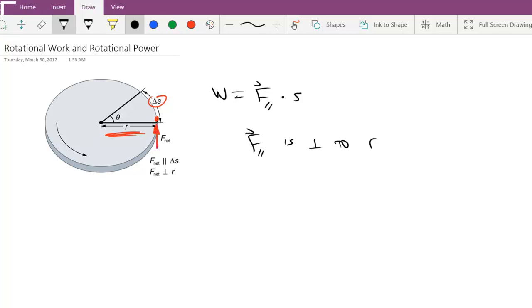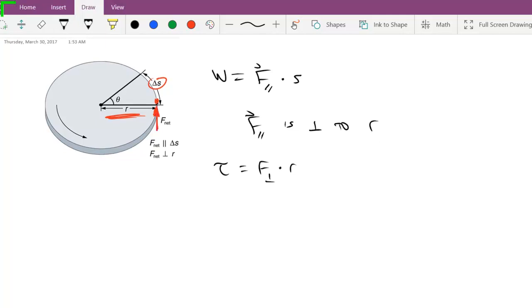But we also know that torque is a perpendicular component of a force times this radius. And so we know that this force perpendicular is equal to the torque divided by the radius, right?